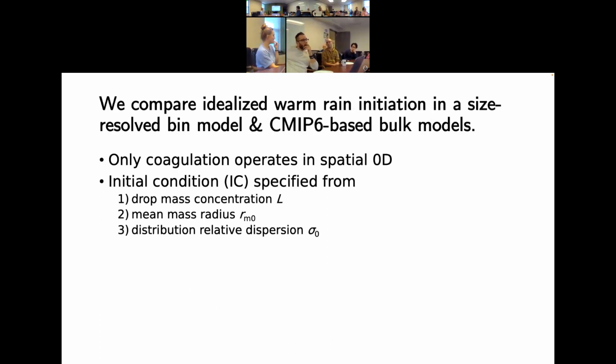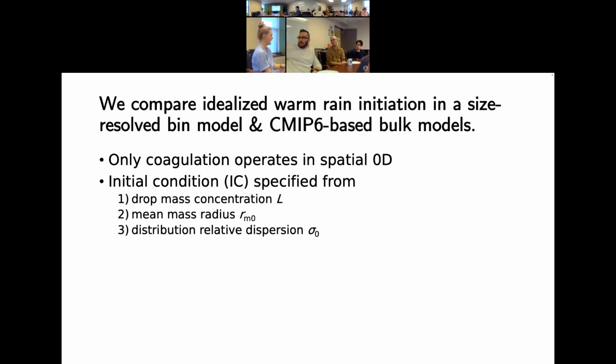Cool. And so the setup of this study is that we just want to look at what these CMIP6 assumptions look like versus a size resolved model in a really simple framework. So we have a spatial 0D model, and we only have the operation of this collision coalescence process.